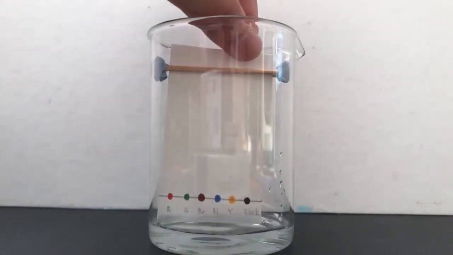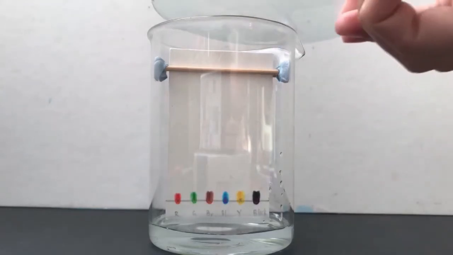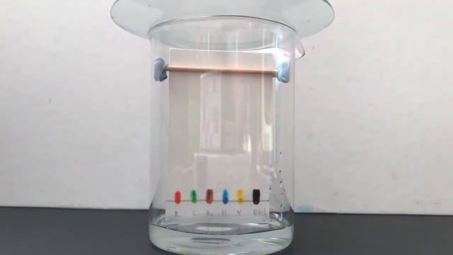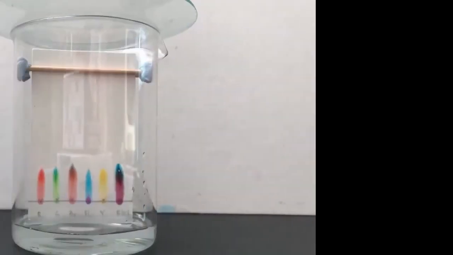Next, we immerse the chromatography paper in the beaker. We will then cover this beaker with the lid. Covering the beaker with the lid is important in order to minimize the evaporation of the solvent as it travels up in the process.